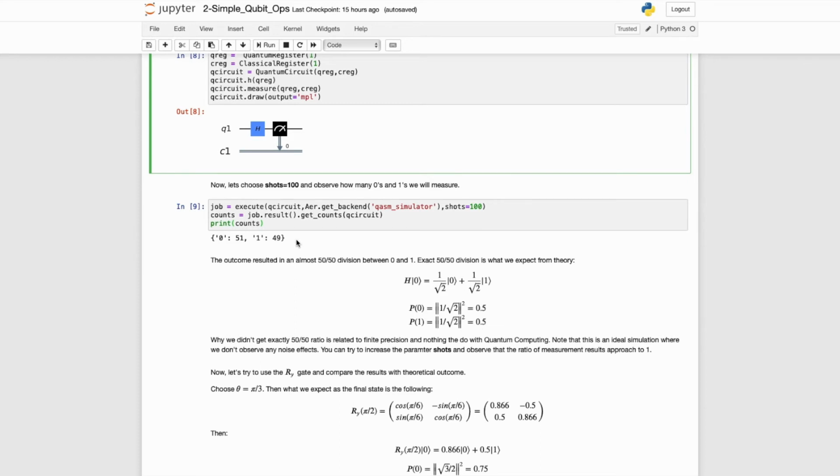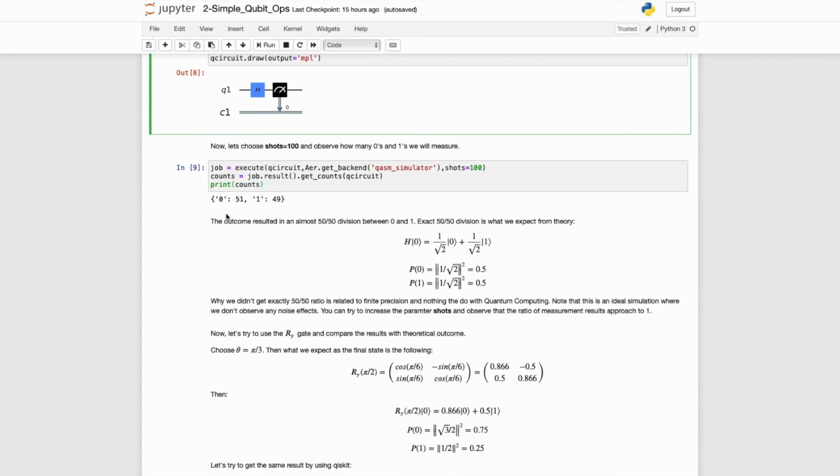But since this is a finite measurement, we don't always get a direct ratio between states. We will talk about this in more detail in future notebooks, but the important thing here is that we got something very close to what we expect.